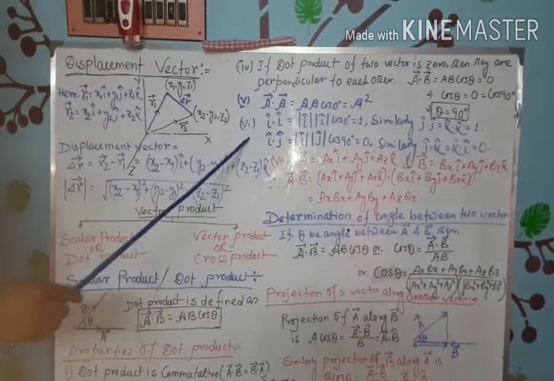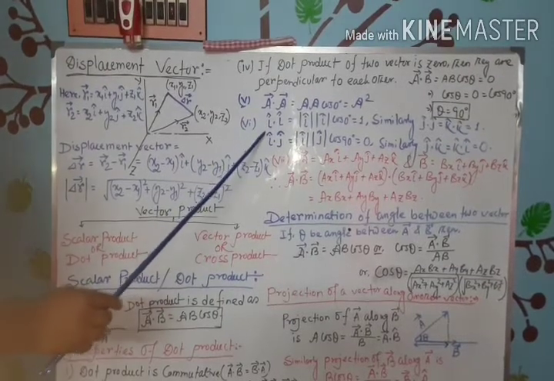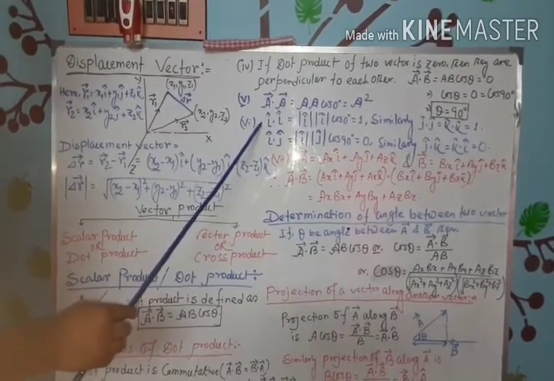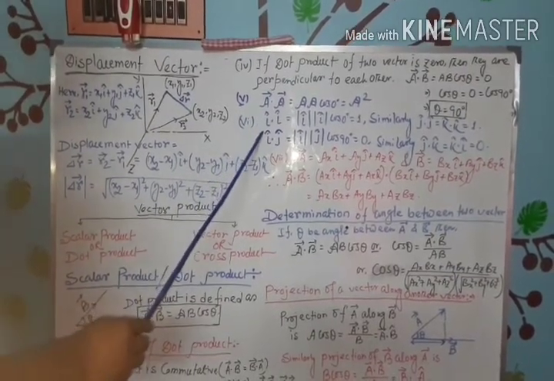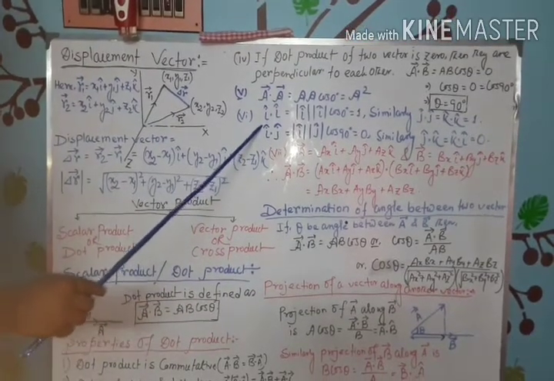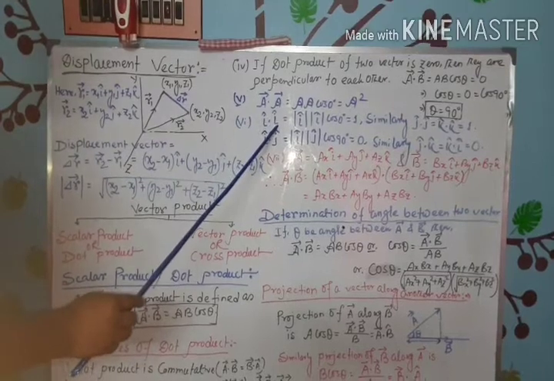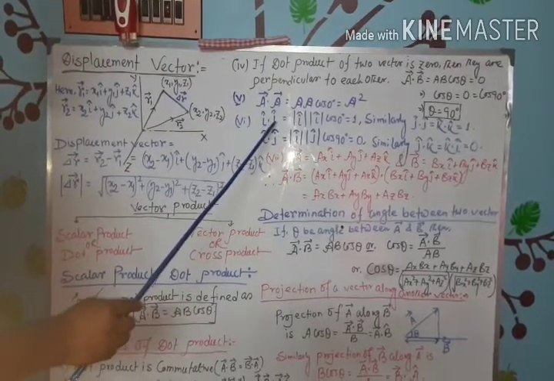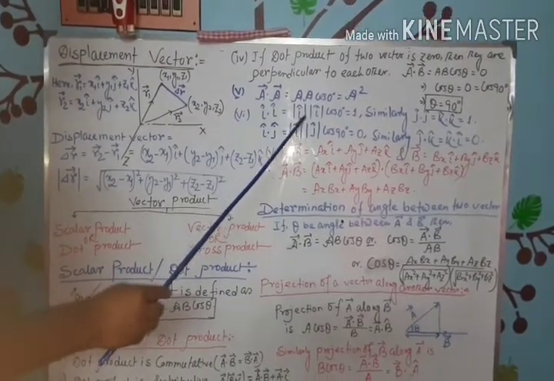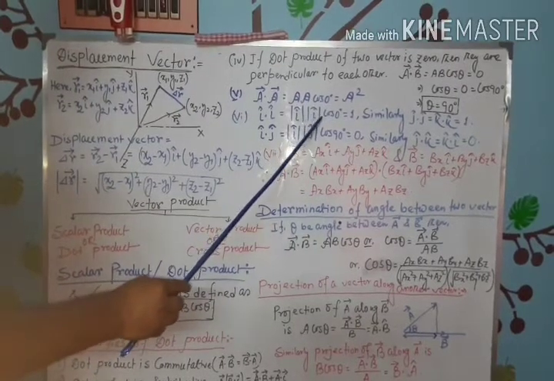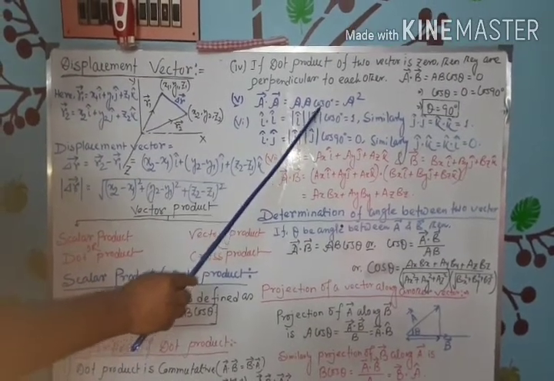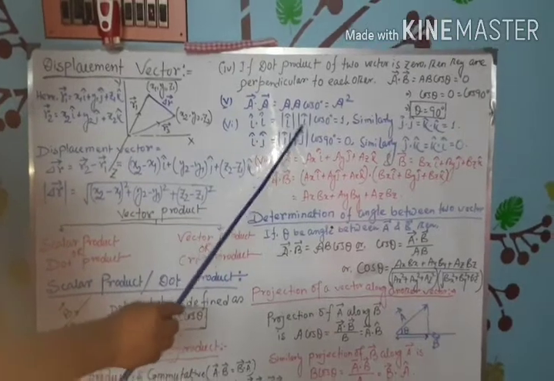Next, we have to know the dot product of the unit vectors which are situated along x-axis, y-axis and z-axis. So i cap dot i cap. According to the definition, i cap dot i cap means mod of i cap into mod of i cap into cos 0, because I said previously, among the same vector the angle is 0 degree.